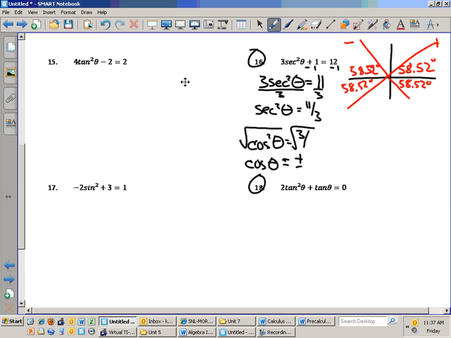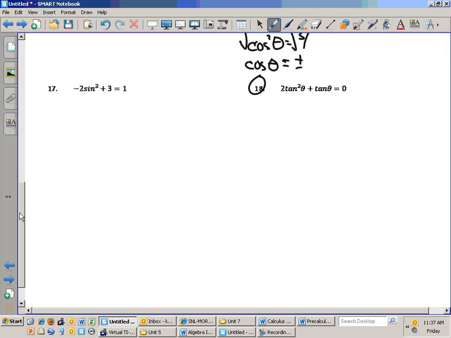When you do 18, it's very similar. Except, what makes 18 different from the previous problem? There's another tan. Anybody see what I do? Factor out a tangent. Tangent of theta times 2 tangent of theta plus 1 is equal to 0. So now I take both of these expressions and set them equal to 0.